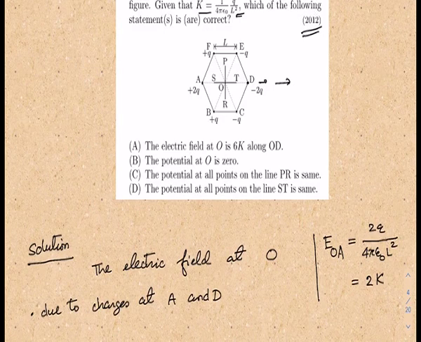So the electric field at O due to charges at A and D would be along the direction of OD, and that would be 4k, because they are going to add up, so that would be 4k along OD.